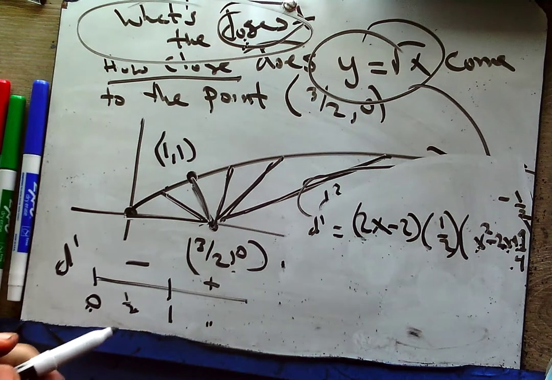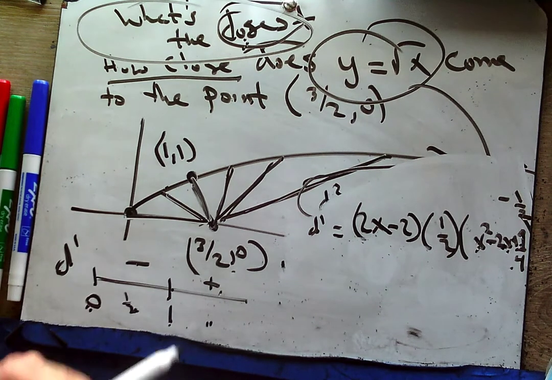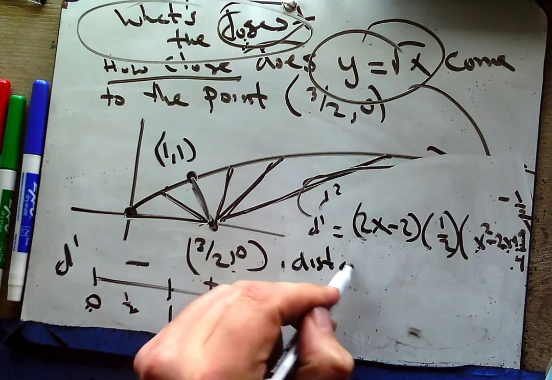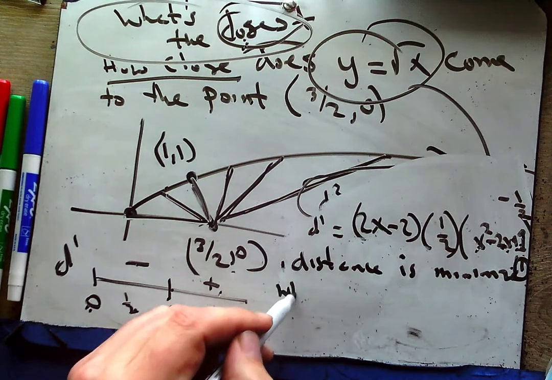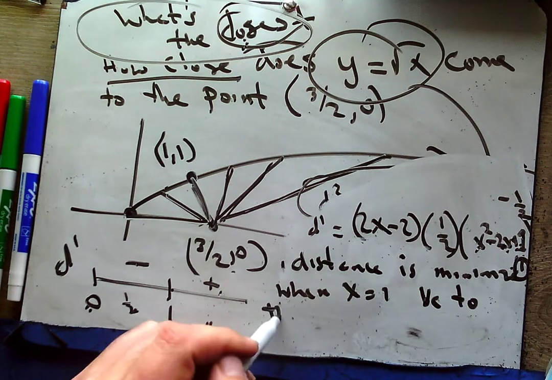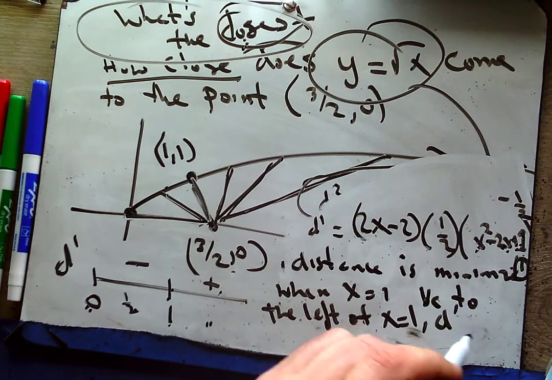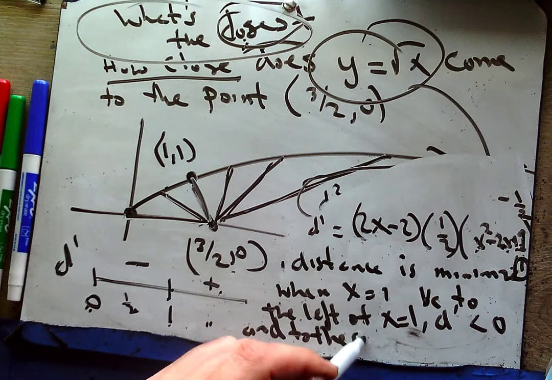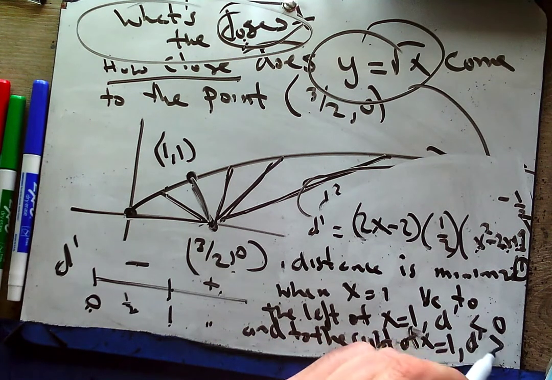And oh, look, d prime goes from negative to positive at x equals 1, which means distance is minimized when x equals 1, because to the left of x equals 1, d prime is less than 0, and to the right of x equals 1, d prime is greater than 0.